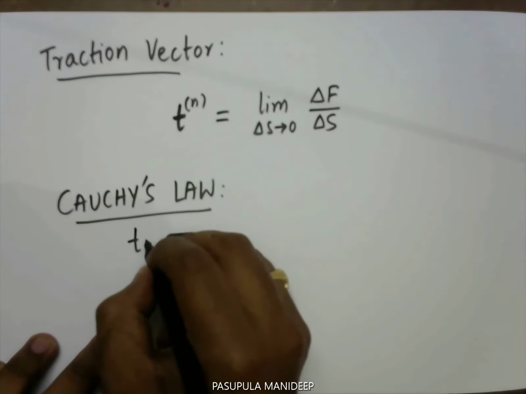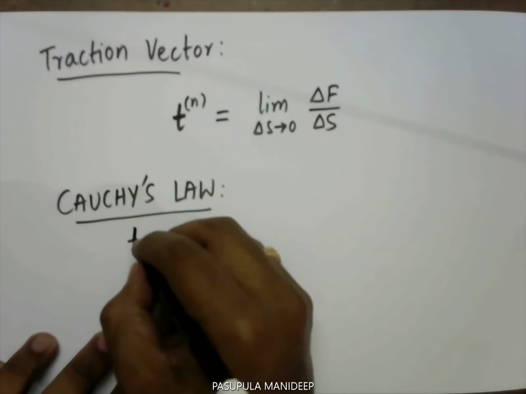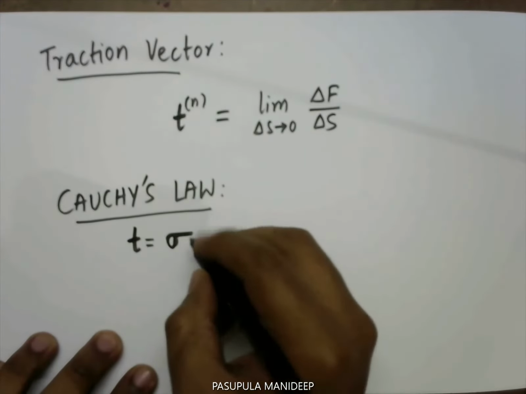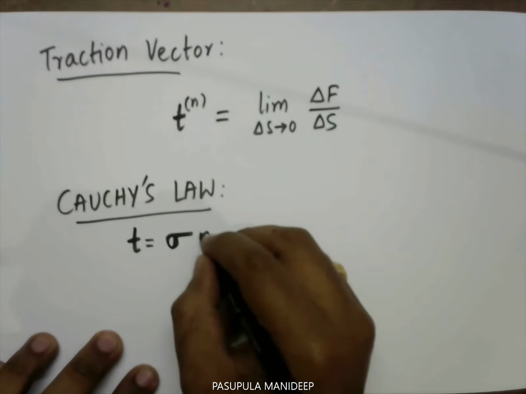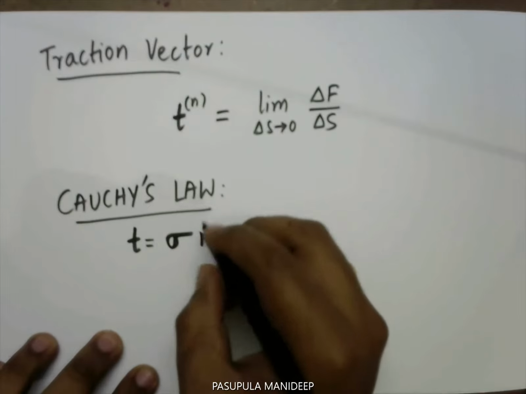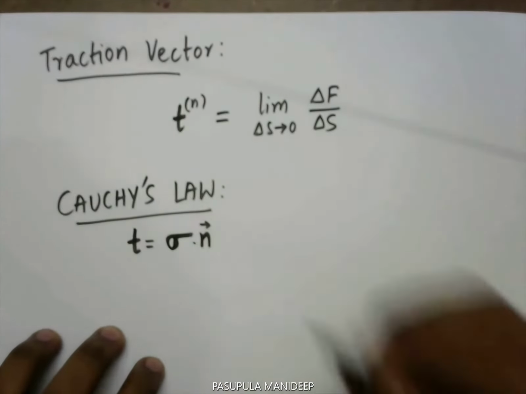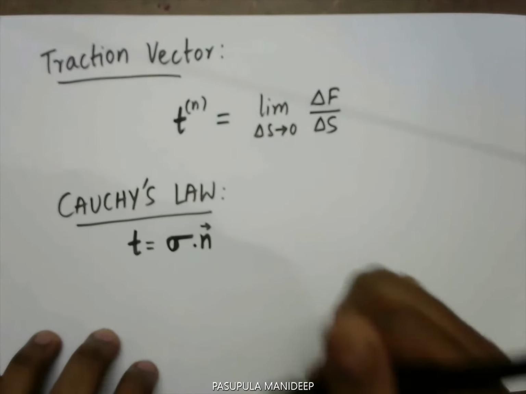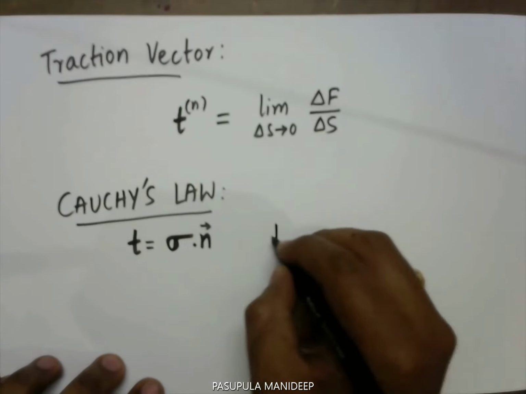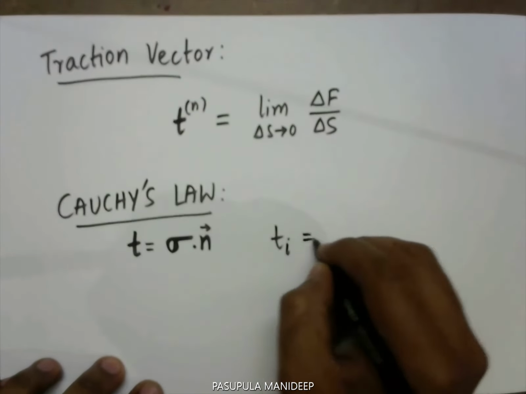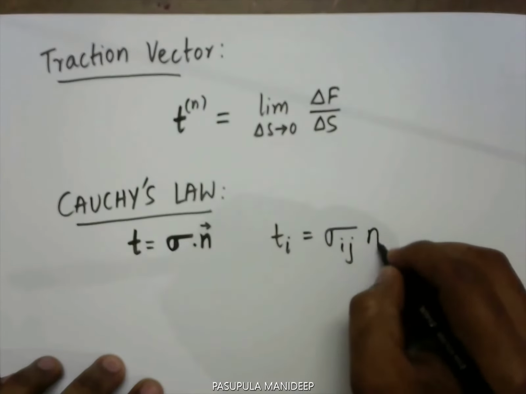So it basically says that T, the bolded vector, equals the dot product of the stress tensor and the normal vector. In index notation, it can be written as Ti equals sigma ij nj.